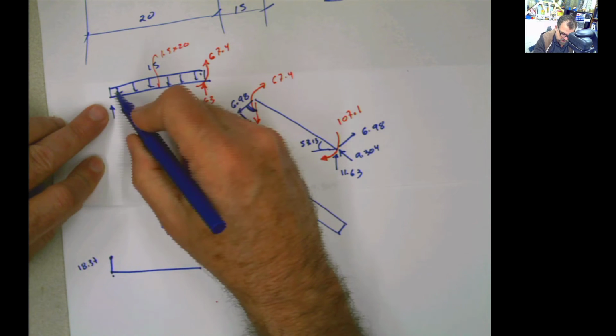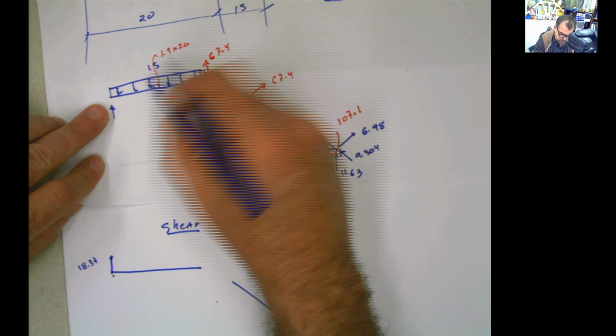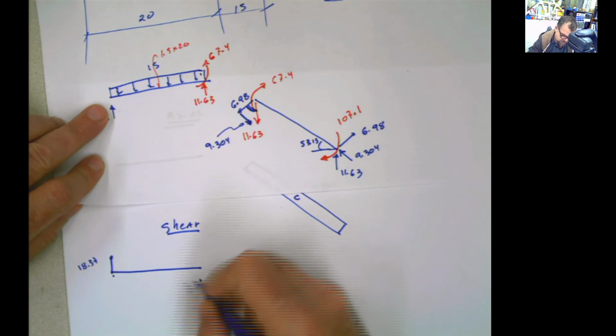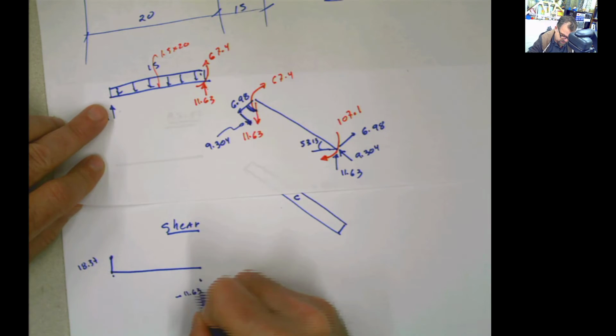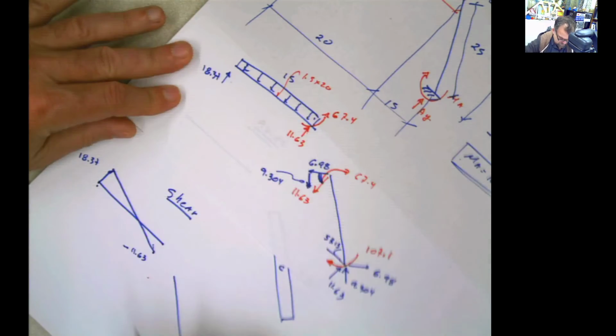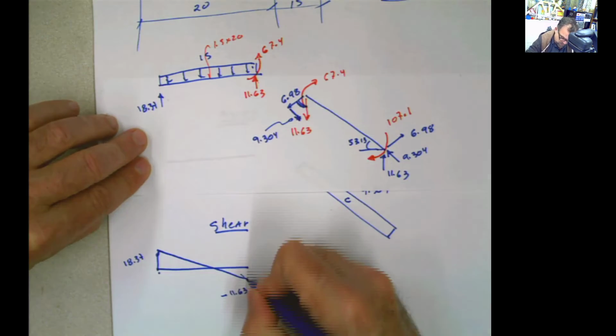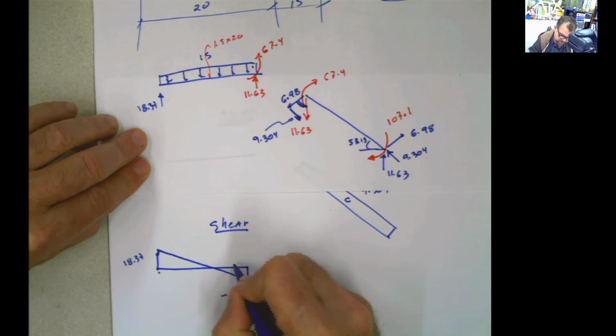Now, I find this other force, which is linear and which is 30. I should go to negative 11.63, straight line, like that, straight line. Find this 11.63 that pushes it up, close, small yes.